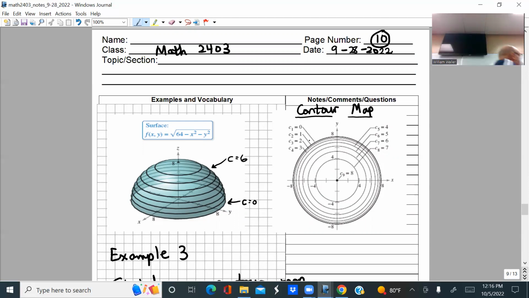There's our graph of that contour. It's a big circle on the outside. What we really graph, though, is the trace of the sphere in the XY plane. That sphere intersected the XY plane in this circle.